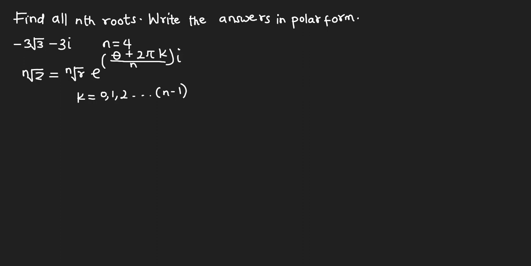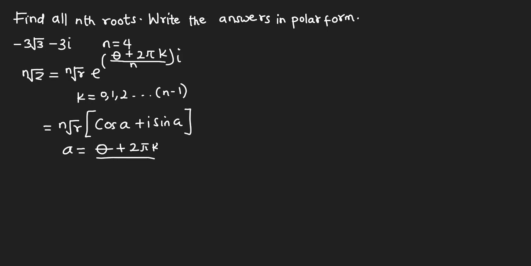So if you are to find the nth root of any given complex number, this is the formula that you are going to use. I can further rewrite this formula as the nth root of z will be equal to the nth root of the modulus, multiplying cosine of a plus i sine of a, where a will be equal to theta plus 2 pi k over n.